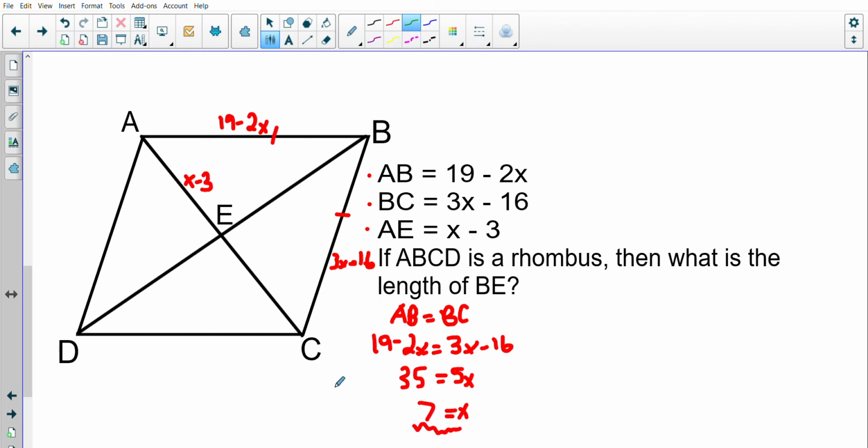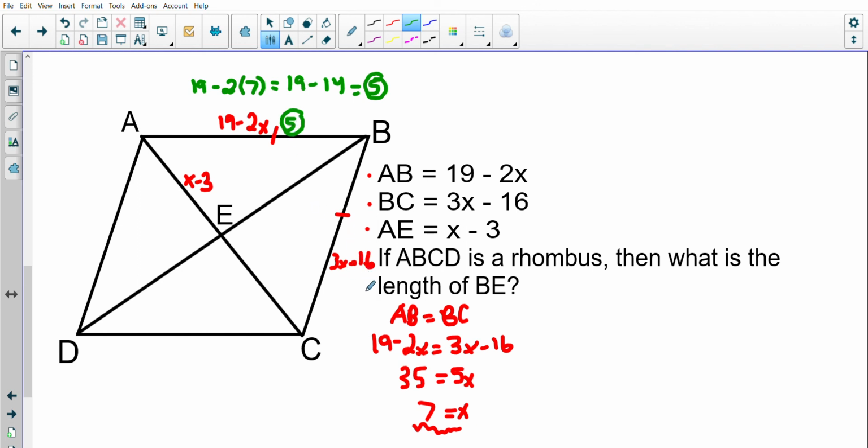Well, that means we can find out some of these other side lengths. Okay, so if I put this as now 19 minus 2 times 7, that's the same thing as 19 minus 14, which is the same as 5. So that is 5, which means that this side length is 5, and that means that all of the segments on the perimeter of the rhombus are 5, right?